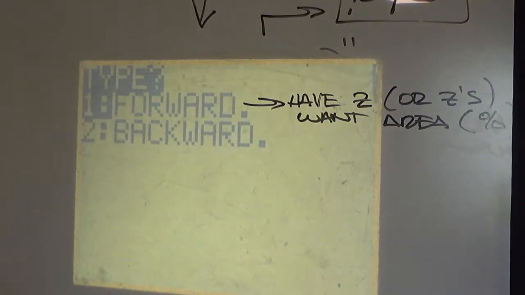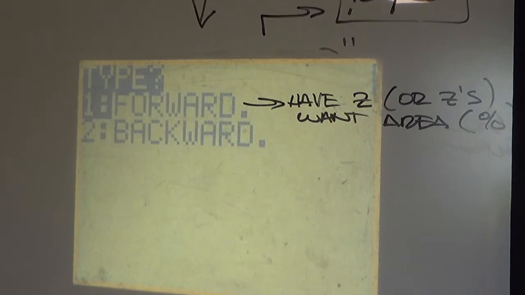We just did a whole buttload of forward problems. We've been doing them all term. For example, what percent of the curve is between -2 and 2? And you guys told me the answer. It was 95%. That was what I would call a forward problem because you had the -2 and the 2 and you wanted the area.